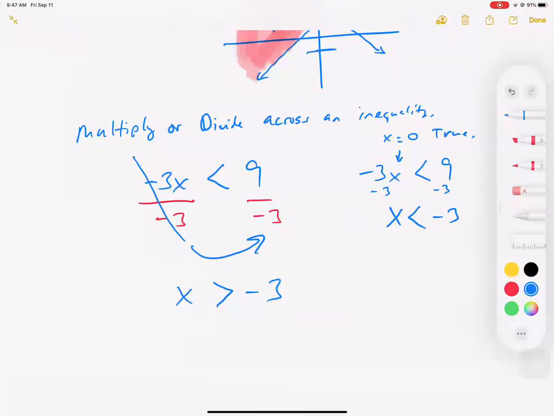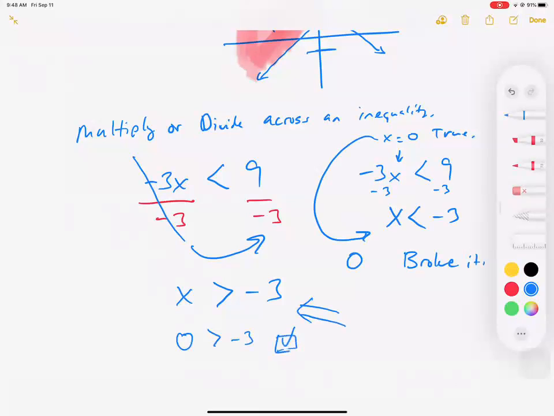Is 0 still going to work? No, now it doesn't work anymore. So all of a sudden, I broke it. But if I remembered to flip it, 0 is greater than negative 3 would still stay a true statement.